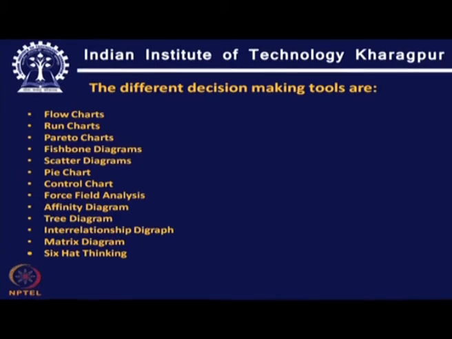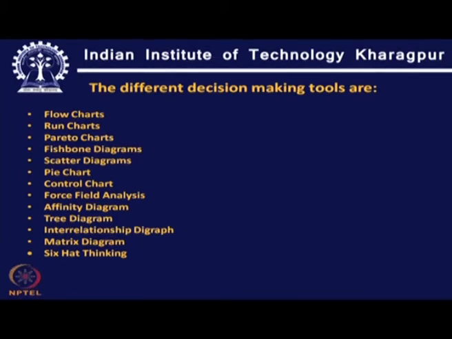What we can look into are the different decision making tools, and we have a list of tools like flow charts, run charts, Pareto charts, fishbone diagram, scatter diagram, pie chart, then tree diagram, interrelationship diagram, matrix diagram, six-sigma thinking. These and many more add to the different decision making tools.